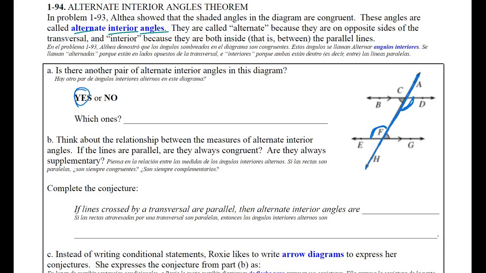This is angle DCF and angle EFC are also alternate interior.